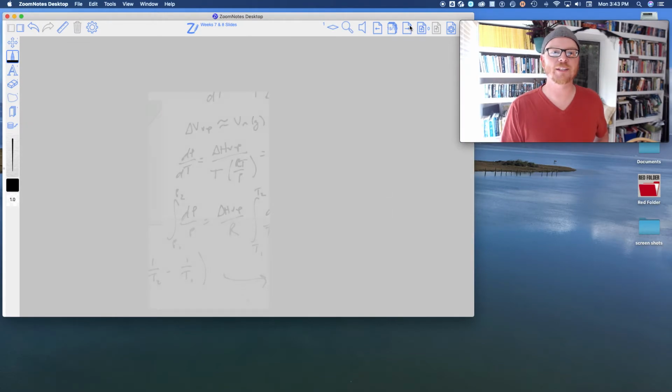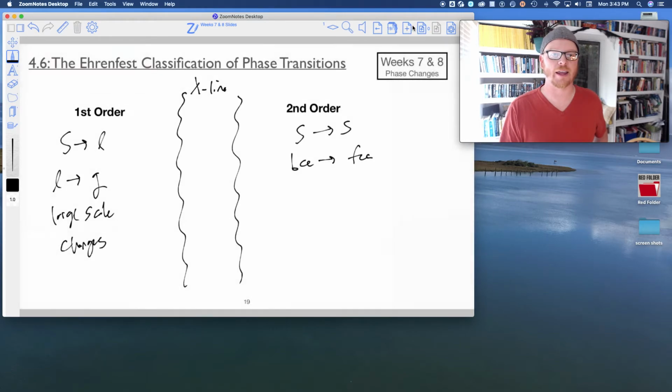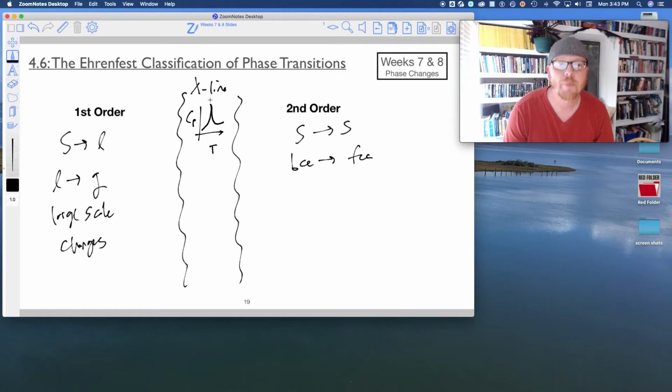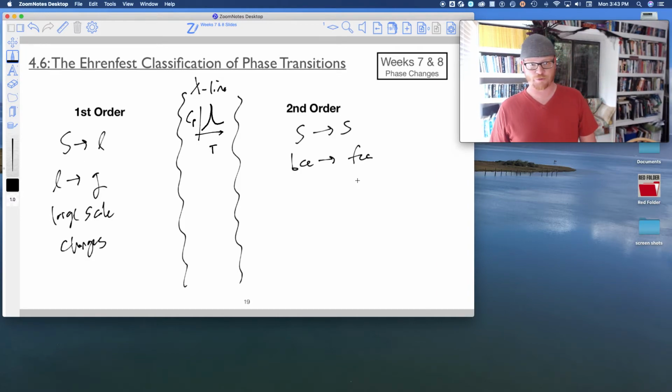And the reason why it's called a lambda line is because if you look at heat capacity versus temperature, it actually makes the shape of a Greek letter lambda in the thermogram. So it looks like it wants to be infinite, but it also quickly recovers. So it has some characteristics of a first order phase transition and some characteristics of a second order phase transition.